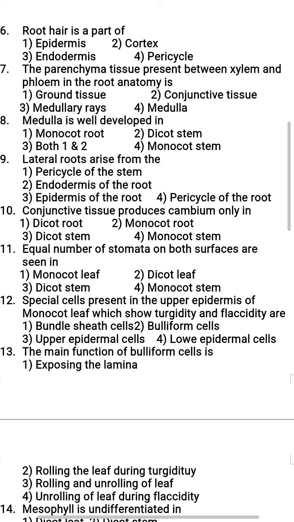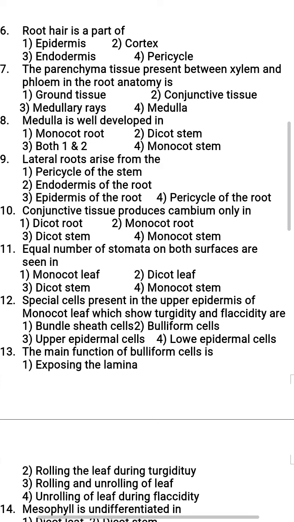Examples for this characteristic: rice plant, Oryza sativa is the scientific name. Next, wheat, scientific name is Triticum aestivum. Zea mays is the scientific name for sweet corn. In these plants we can see one similar characteristic.